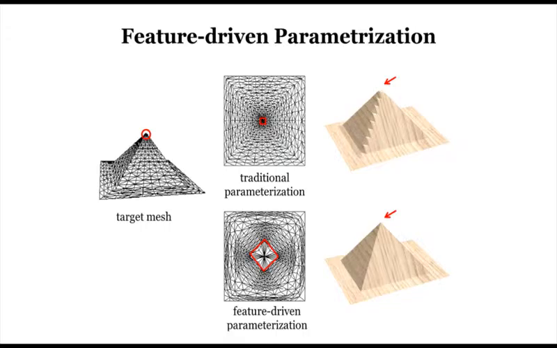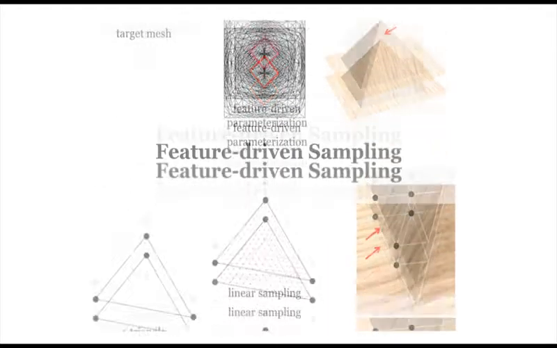Consequently, the feature parts are sampled more densely and are neatly reconstructed. Compare the apexes in the reconstructed meshes. Unlike the traditional method, our method correctly reconstructs the apex. You can find similar results in the edges of the pyramid. Feature-driven parameterization is presented in section 6.1.